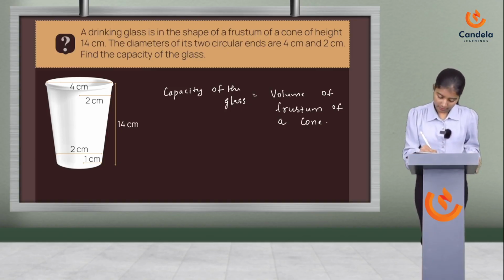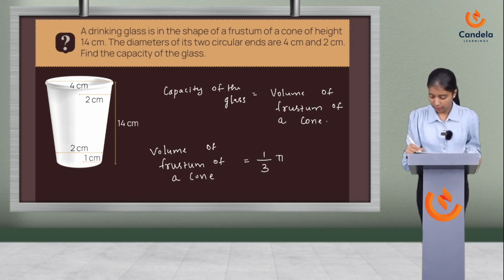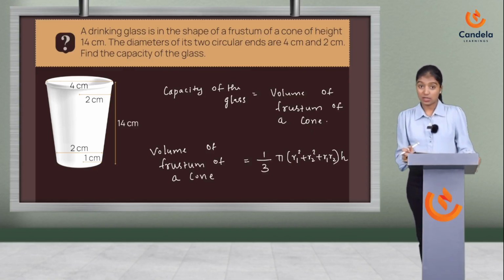So let's write that then. Volume of frustum of a cone is equal to 1 by 3 pi into (R1 square plus R2 square plus R1 R2) into H. Yes. Now, do we have the variables, that is R1, R2 and H with us?